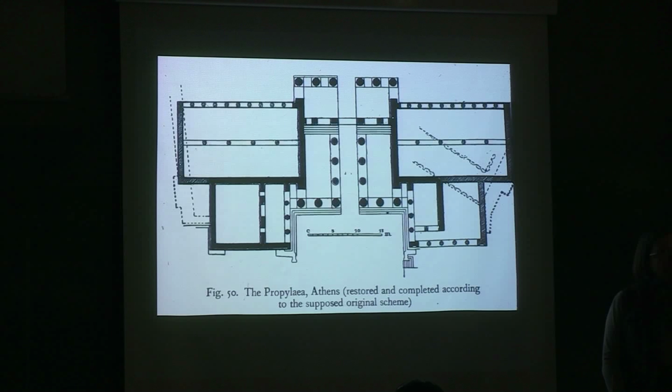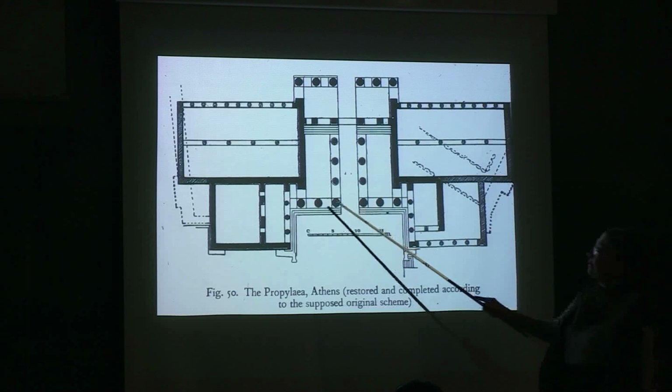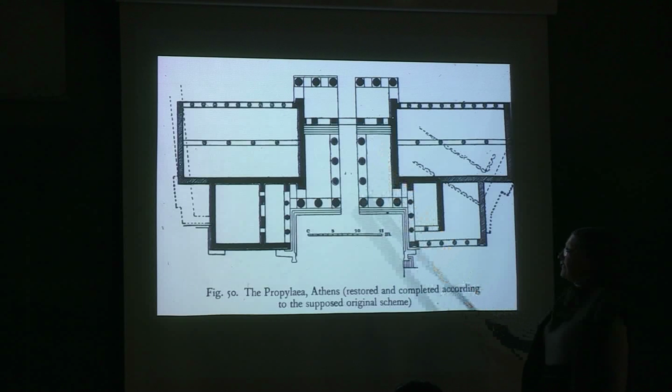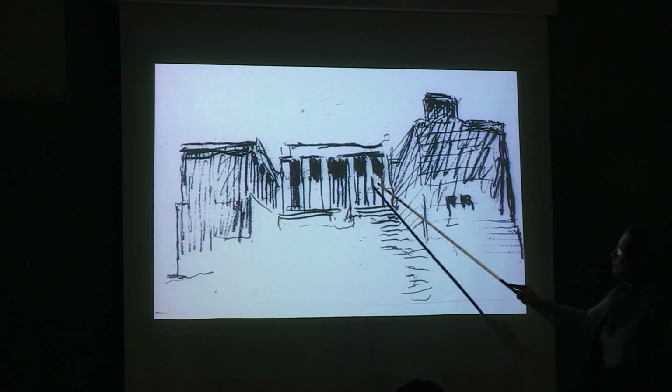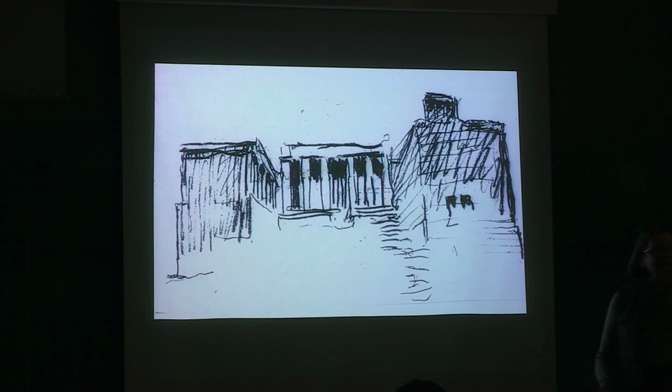So you have this unity of entrance, which facilitated the more unimpeded perception of the propylea. And our friend Le Corbusier was quite sensitive about this. The ascent to the Acropolis through the propylea is a ritual in itself.